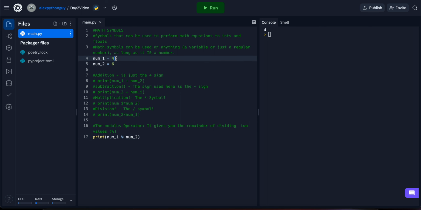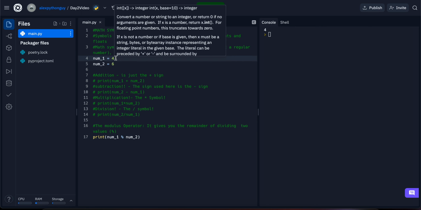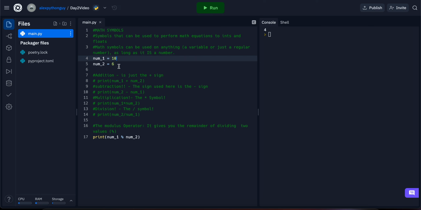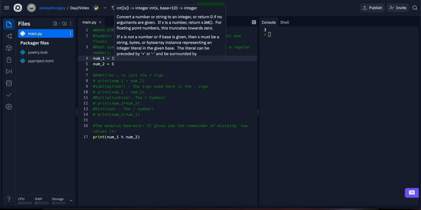This can work with any different values too. So let me try 10 and 6. And we get 4 again. So that was probably not a great example, but let's try 15. And now we get a remainder of 3. The modulus operator gives you the remainder. Just keep that in mind.